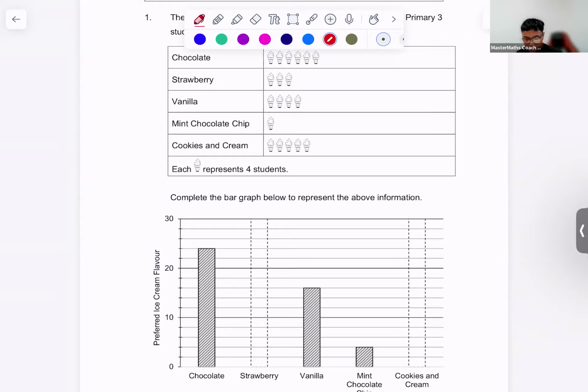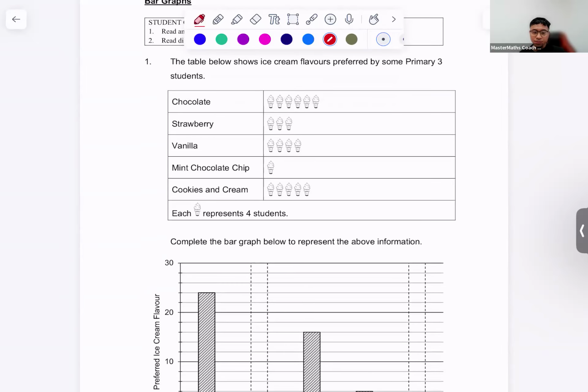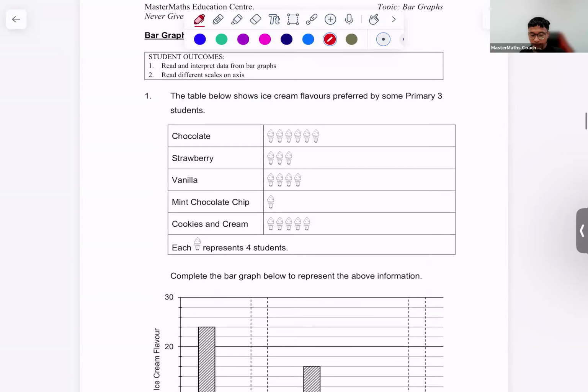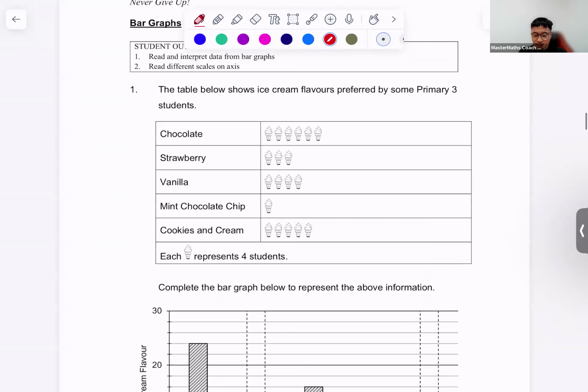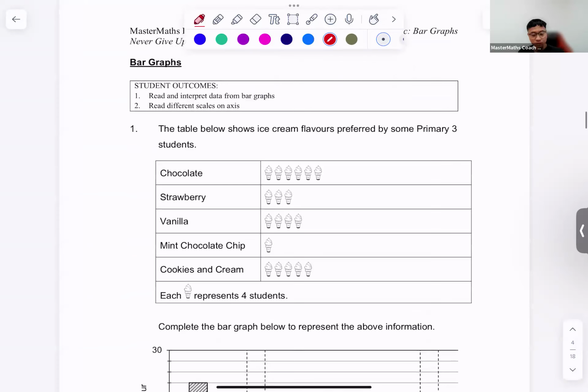In the meantime, the admin will join the Zoom and send you the PDF online, and they will start first. Okay. So the first question is, the table below shows ice cream flavors preferred by some primary 3 students.